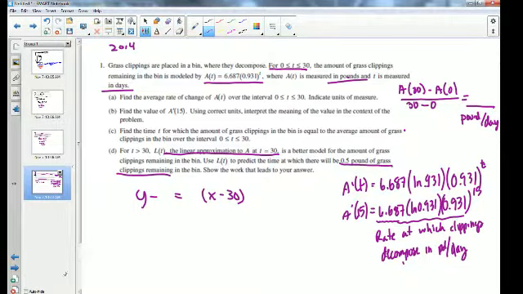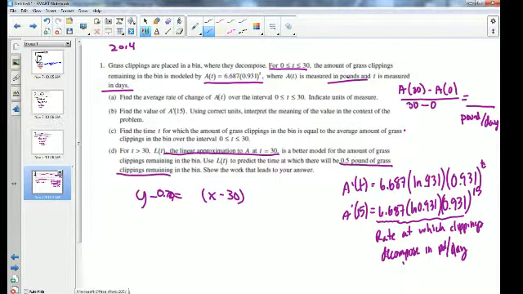6.687 times 0.931 to the 30th. You typed it in wrong. 0.931. Okay, 0.782.